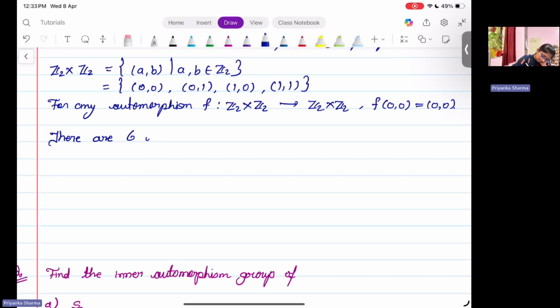There are 6 automorphisms of Z2 cross Z2.